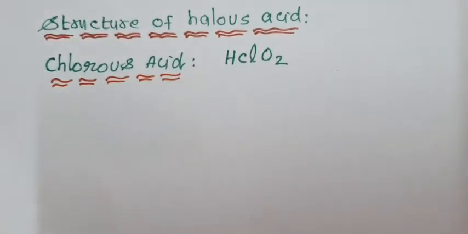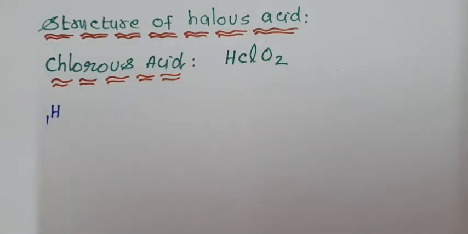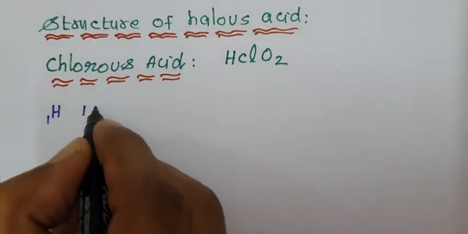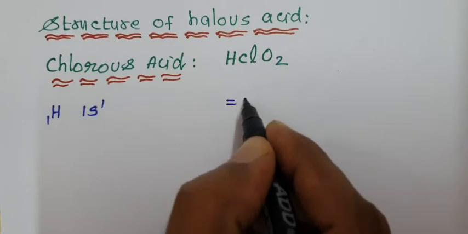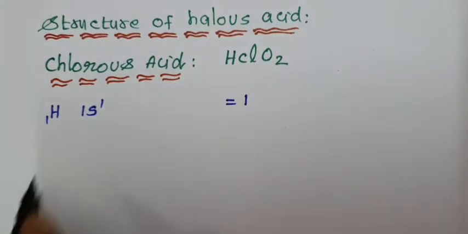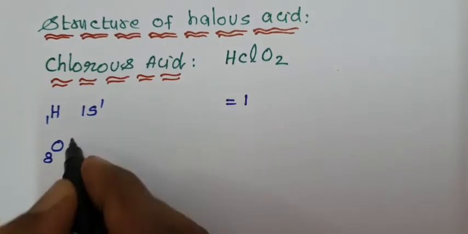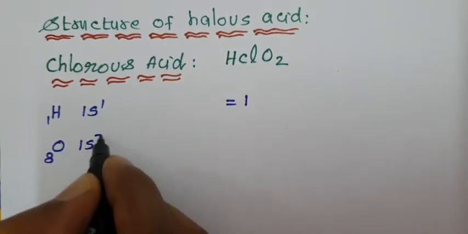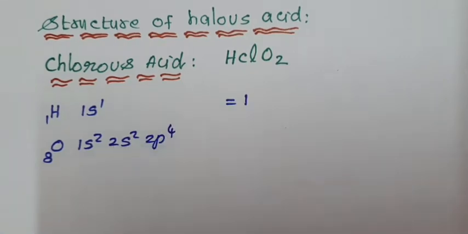Now, write the electronic configuration of all the elements present in chlorous acid. Hydrogen, atomic number 1, electronic configuration 1s1. So the number of valence electrons in hydrogen equals 1. Oxygen, atomic number 8, electronic configuration 1s2, 2s2, 2p4.